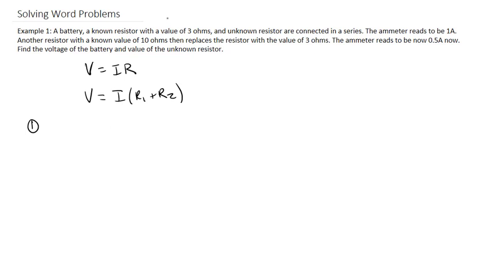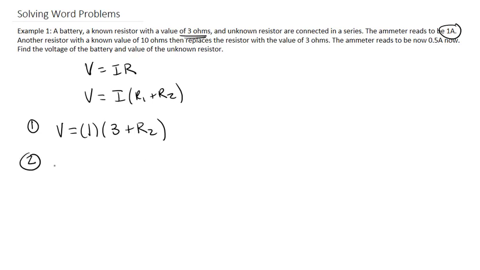let's look at this. We have a known resistor of 3 ohms, and we don't know what the voltage is. So we have voltage equals I, which is 1, times 3 plus R2. So that's our first equation.